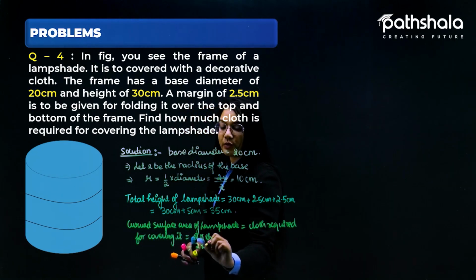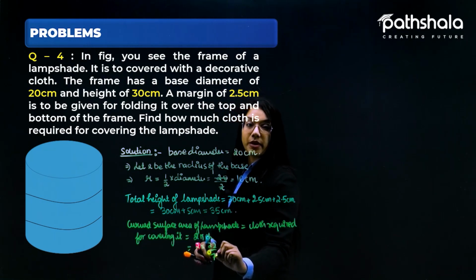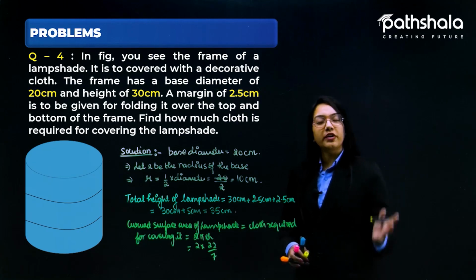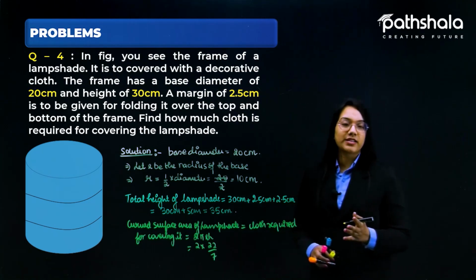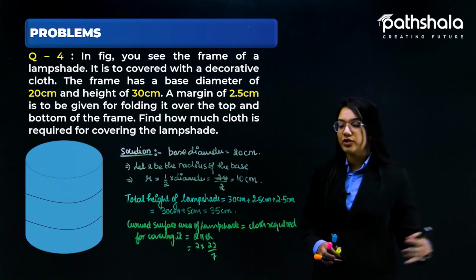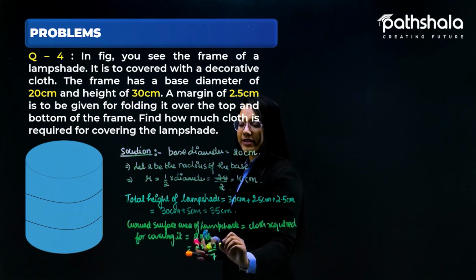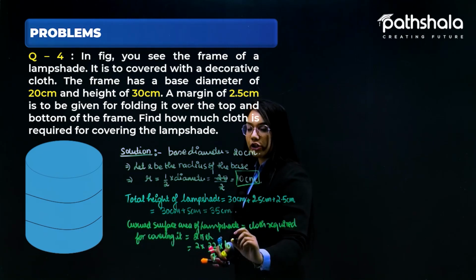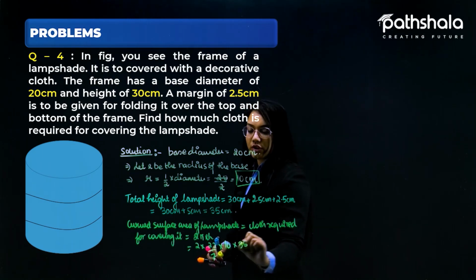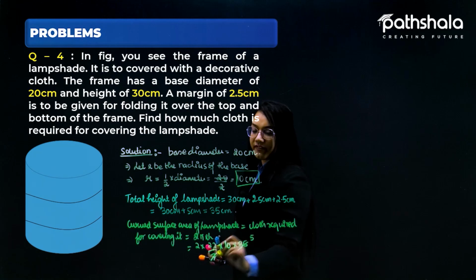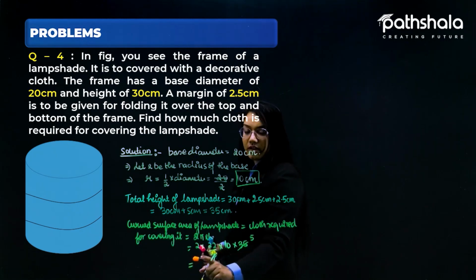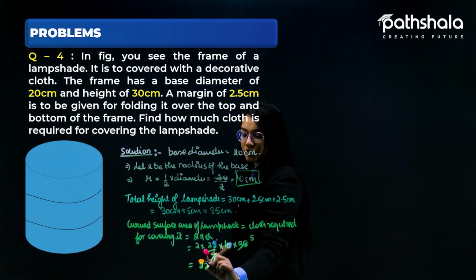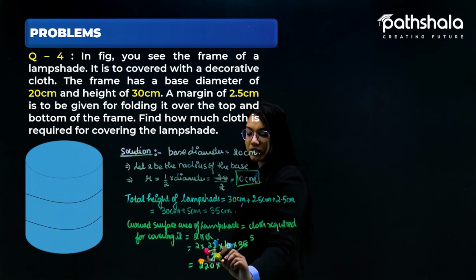Let's plug in all the values over here. Pi is 22 by 7, we are using over here, because it is already given to us in the question that we have to use pi as 22 by 7 for all the given questions. Radius is 10, which we have already calculated, and further the height is 35. So this would be 7 into 5 is 35, and we have 220 into 5 into 2 is 10.